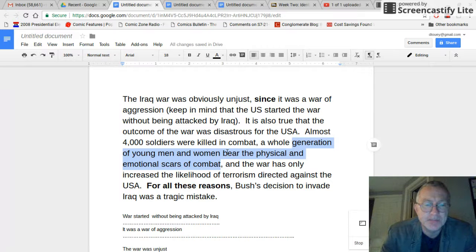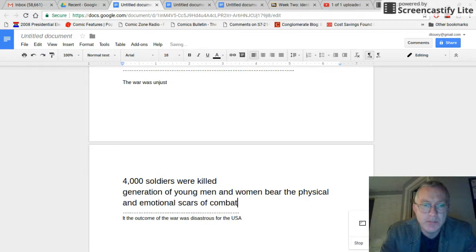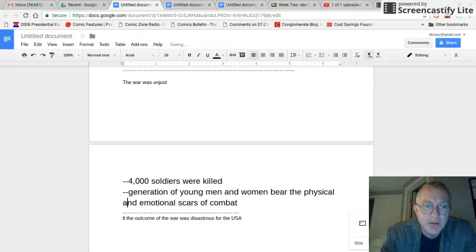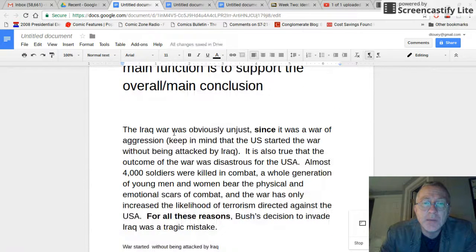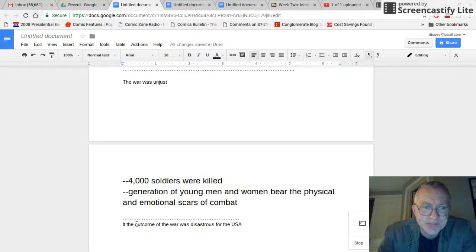It's our second. Let's make sure they're set off. And then finally, the war has increased the likelihood of terrorism directed against the USA. Again, we don't have to include everything because we're just showing the structure.